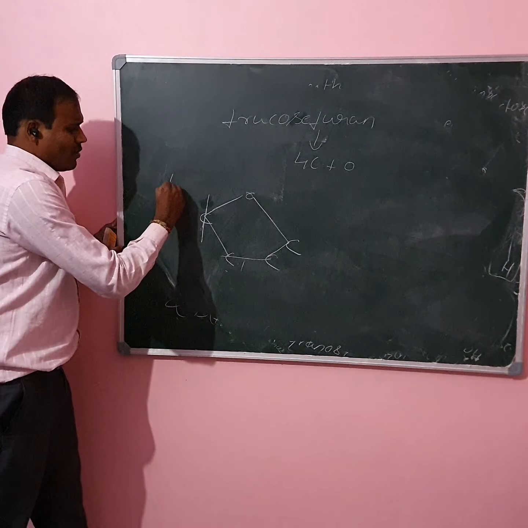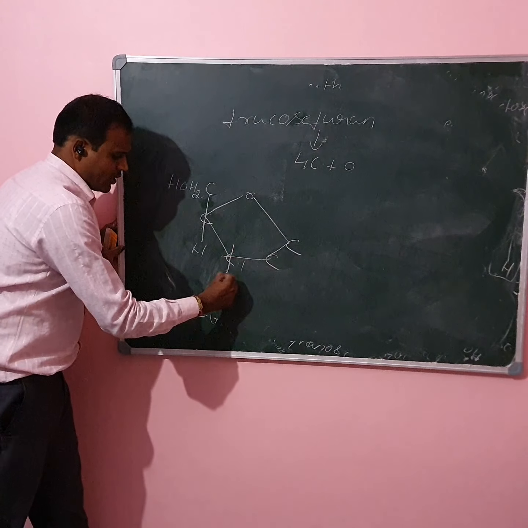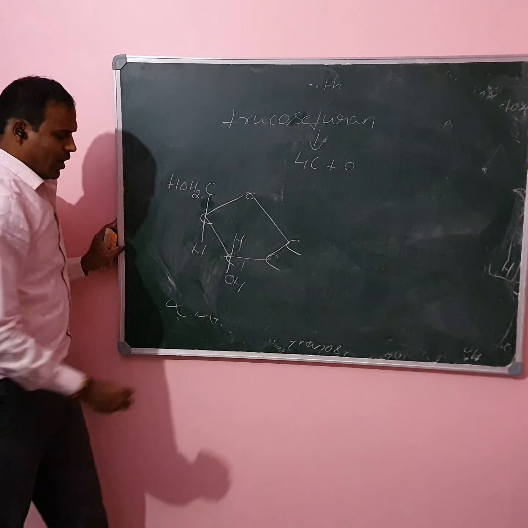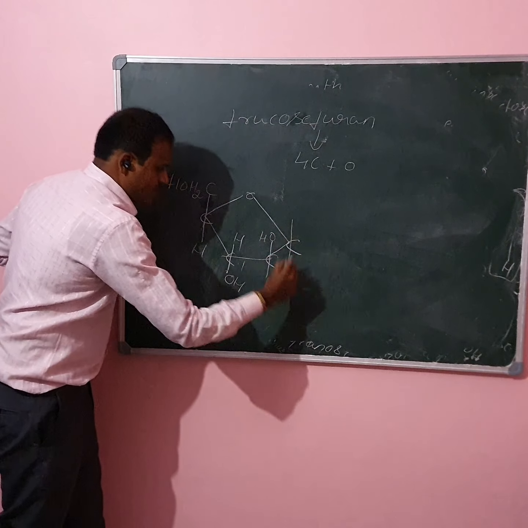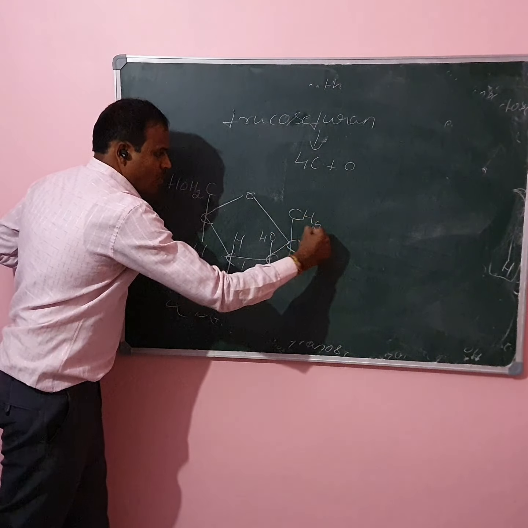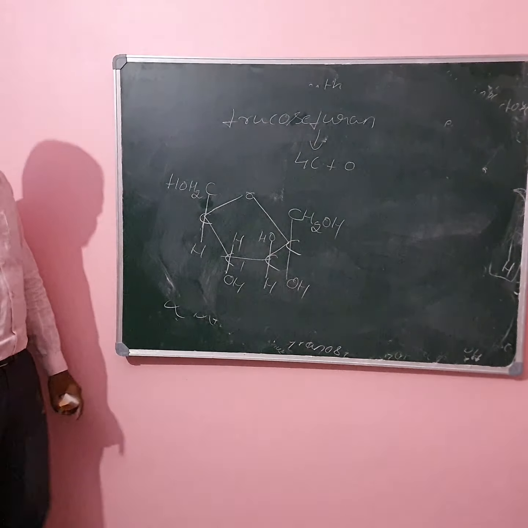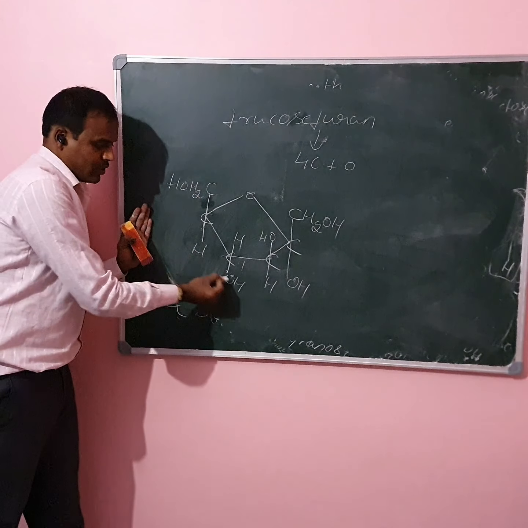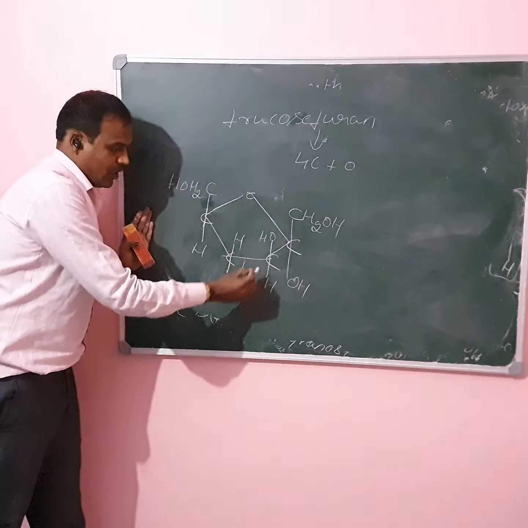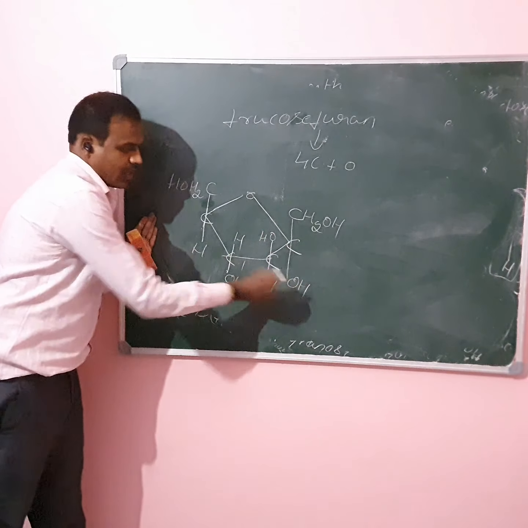Here HOH2C, H; the opposite is OH, H; the opposite is HO, and this one is CH2OH and OH. That's all. Again: HOH2C, H; opposite OH, H; opposite H and HO; and CH2OH and OH.